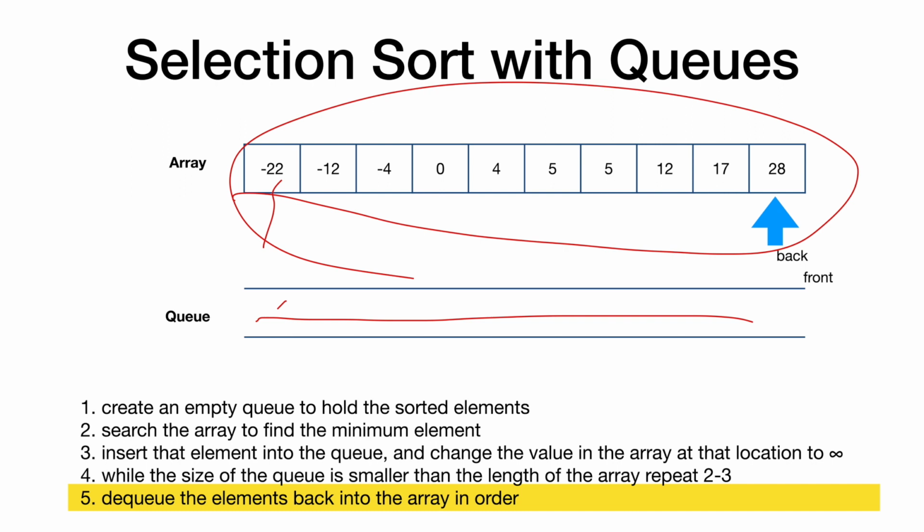Here we're using queues for sorting. Is it more efficient than using an array by itself? Not necessarily. Does it serve a purpose in knowing how to use queues as an example? Yeah, for sure. Would we ever use this in practice? Maybe. You never know.